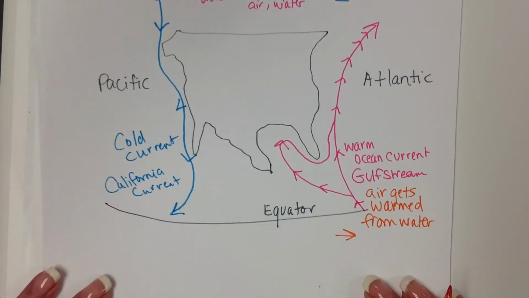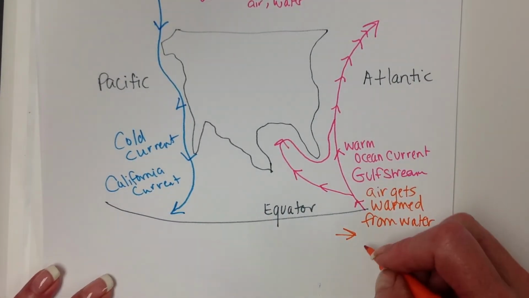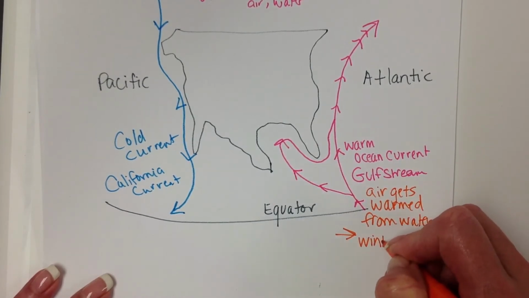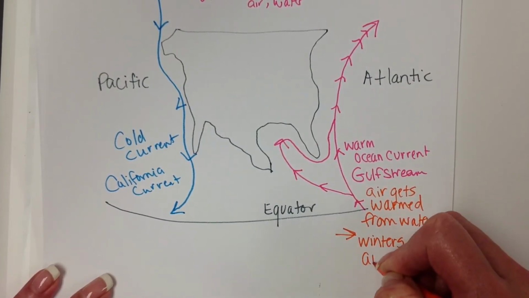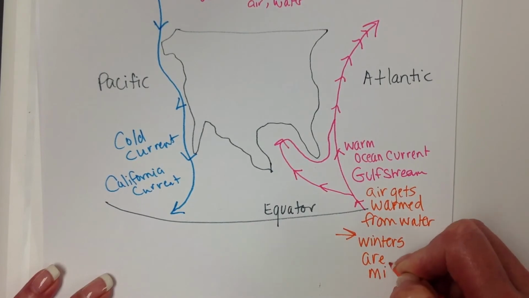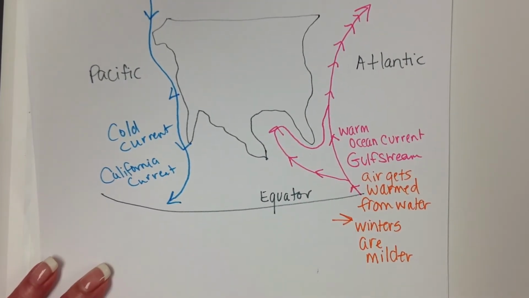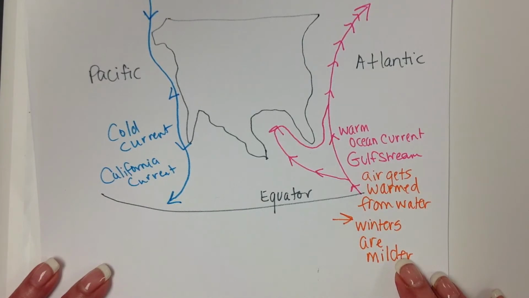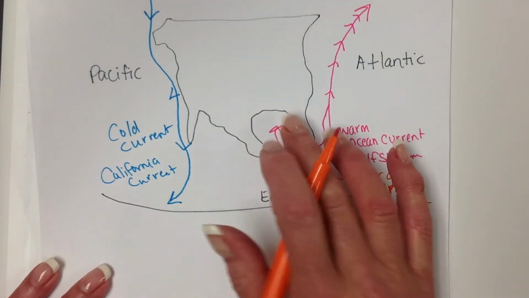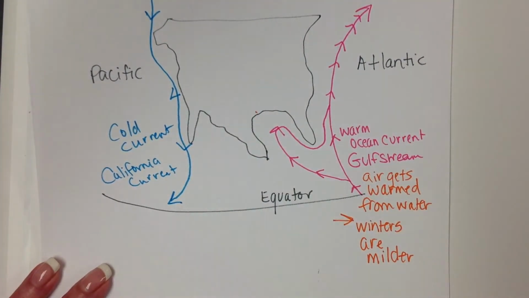Well, this means that our winters are milder. It never does get as cold here as it does, for example, in Dallas, where it snows and ices every winter. We don't get any of that because we have this warm ocean current that keeps our area nice and toasty. This is kind of where we're at, okay?